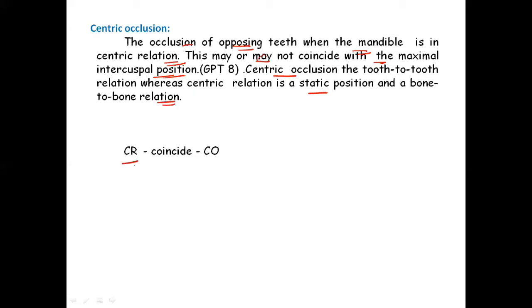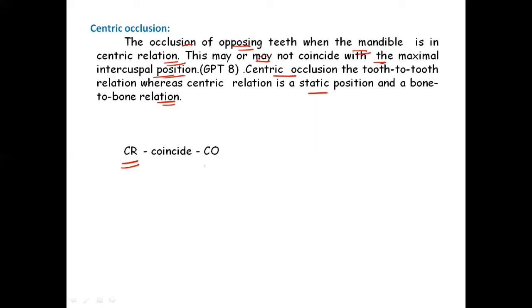Now, what is centric relation? We have already discussed this. It is the maxillomandibular relationship in which the condyle articulates with the thinnest avascular portion of their respective discs, right? With the complex in anterior superior position against the slope of the articular eminence.